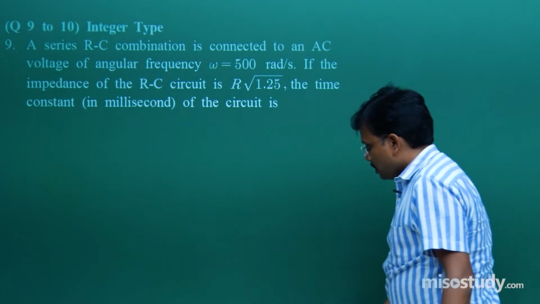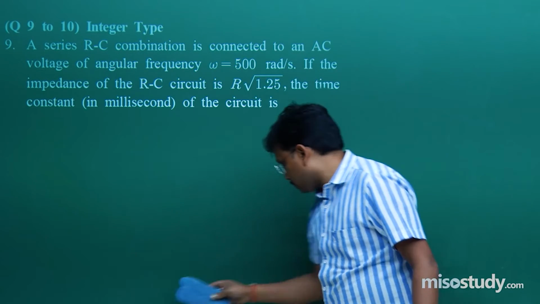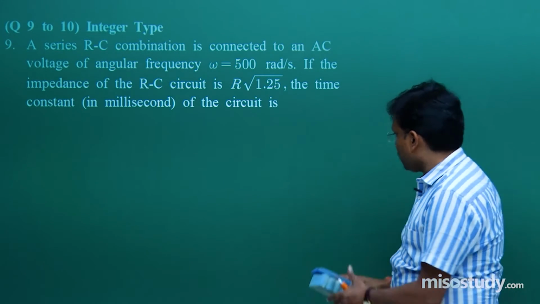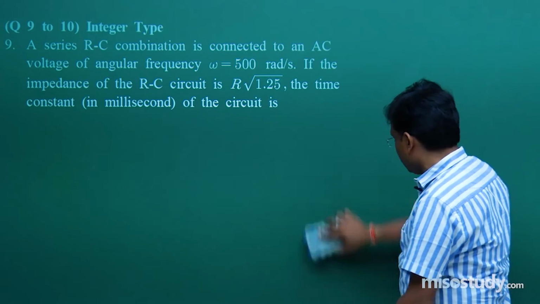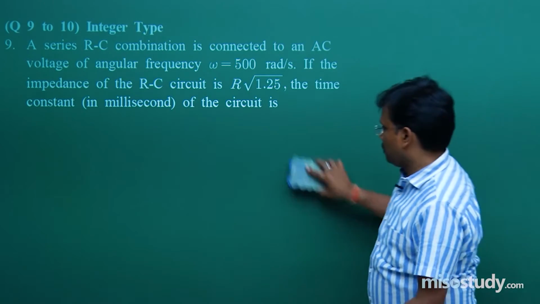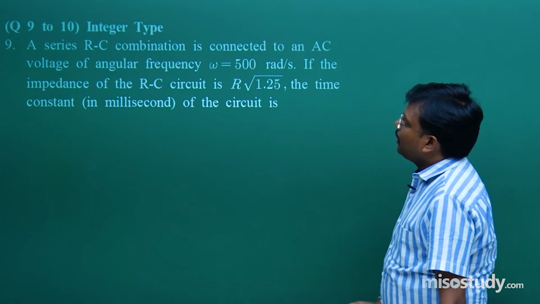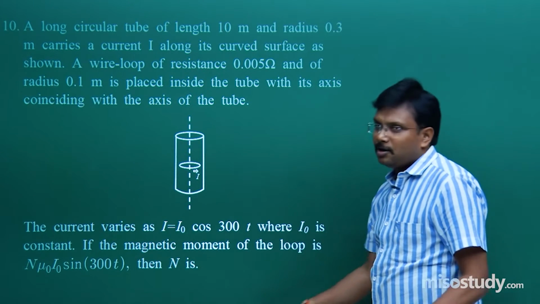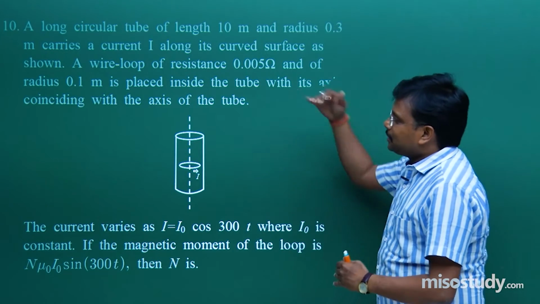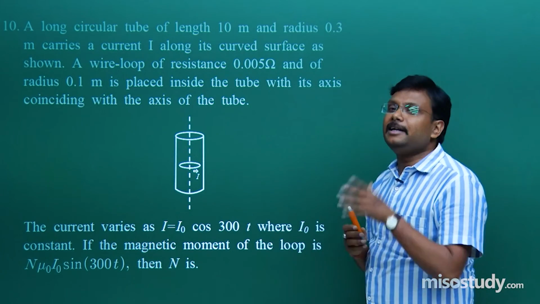Okay. Let us move to the next question, as our green board is clean and ready to serve us. So, here is your question number 10. Again, not a difficult question, but in the same category, integer type.